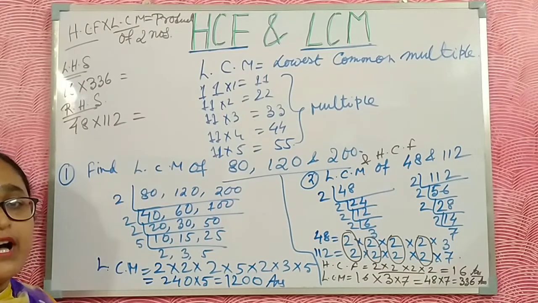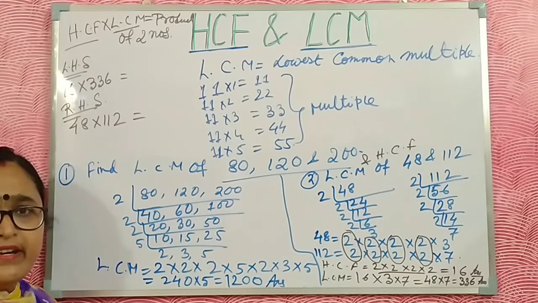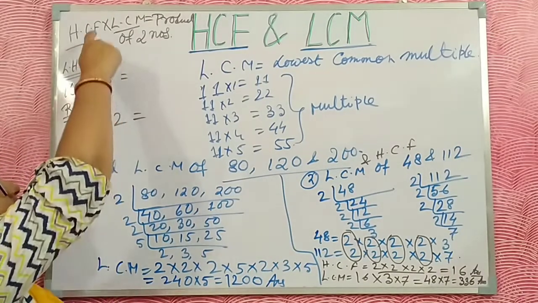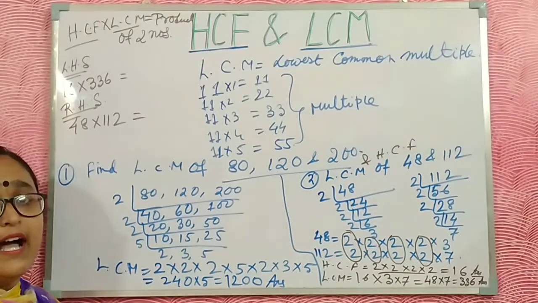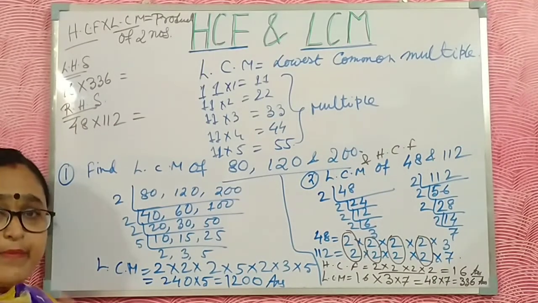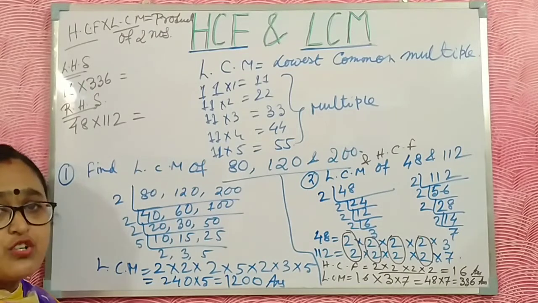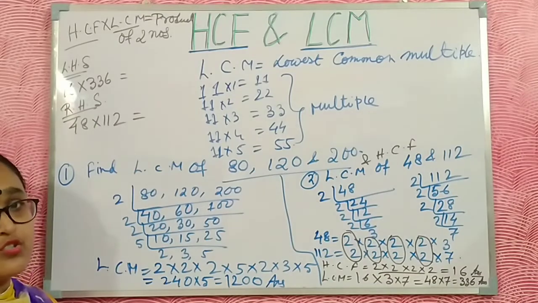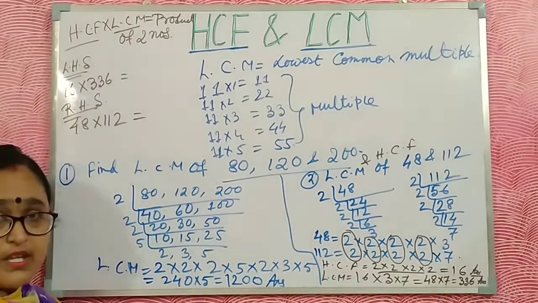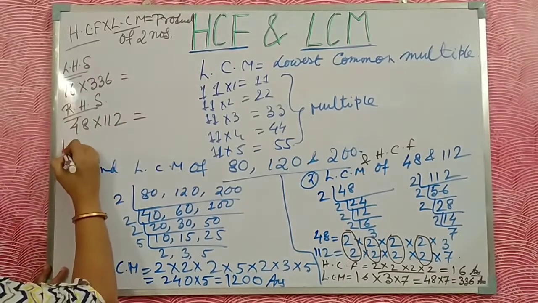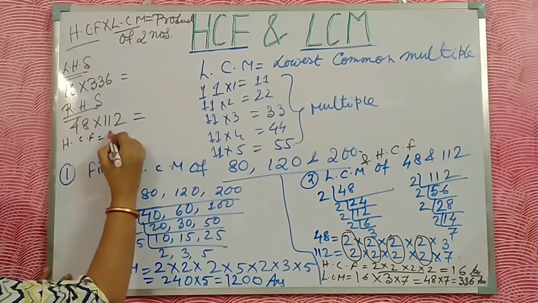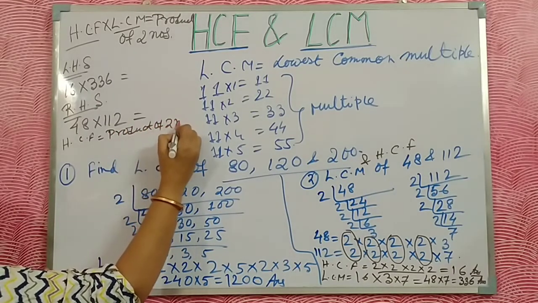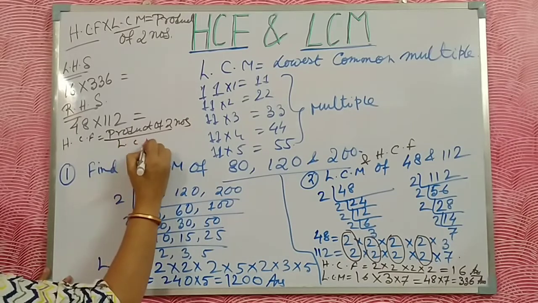You can also find, when LCM is given and one number is also given, the HCF. Just apply this formula and you find the HCF also. When the HCF is given and the product of two numbers is given, use this formula and you find the LCM also. Here I can write HCF is the product of two numbers by LCM.